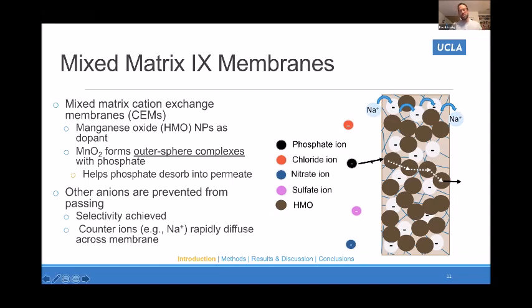And our hypothesis was, if you challenge a membrane like this with various anions, the phosphate, which can form these outer sphere complexes under specific pH conditions, will be able to hop across using the standard hopping mechanism, but the other anions in the system will be repelled by the fixed negative charges, in this case, sulfonate groups. So that was our hypothesis. And sodium or any other counter ion positive cations can rapidly move across to maintain charge neutrality.